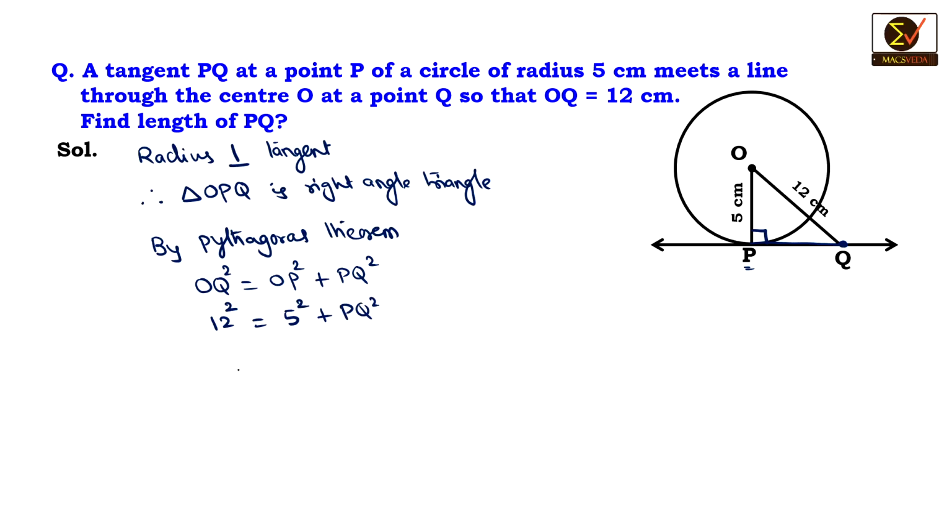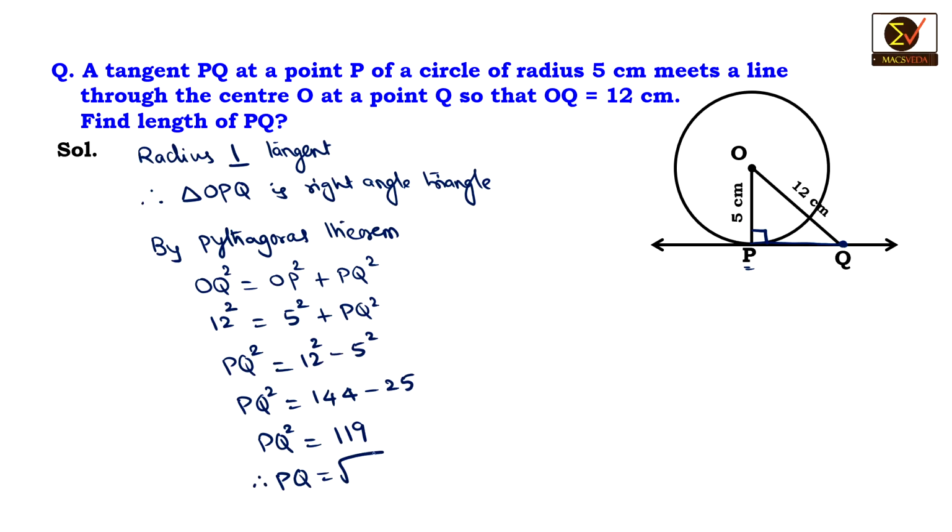Now PQ square is 12 square minus 5 square, so PQ square is 144 minus 25. Therefore PQ square is 119. So what is PQ? Under root 119 centimeters.